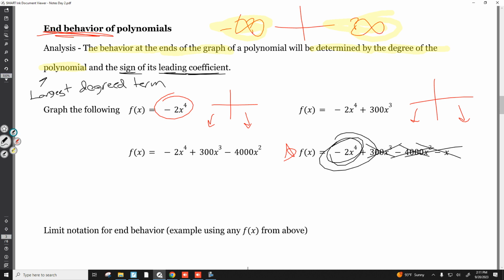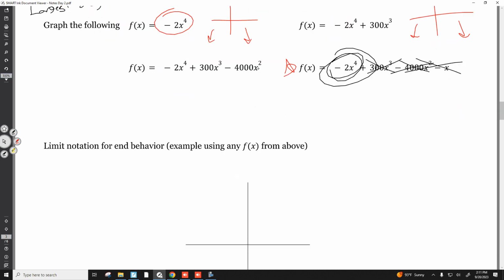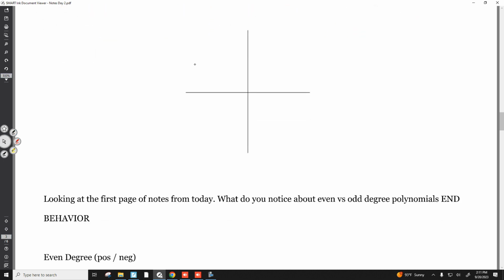Adding these smaller infinities is like adding small decimals to really large numbers. So your math teachers were right. You just care about the biggest degree terms. And y equals negative 2x to the fourth plus anything less than that will always have the negative even end behavior.